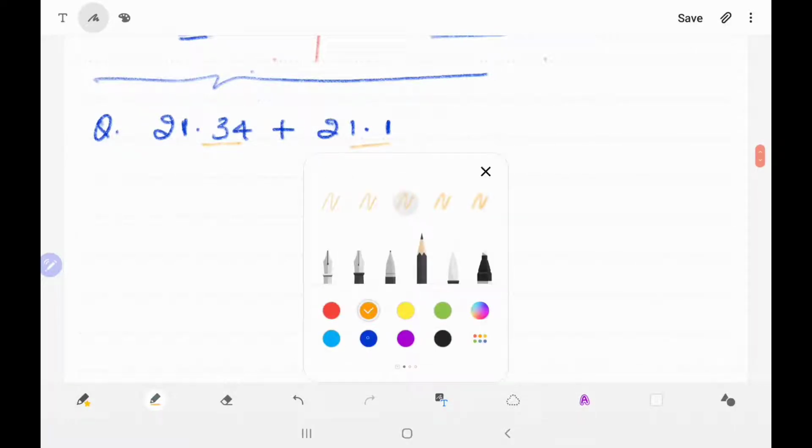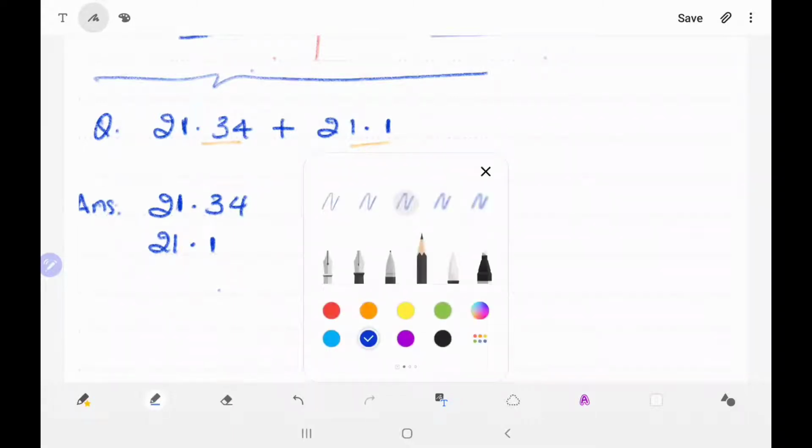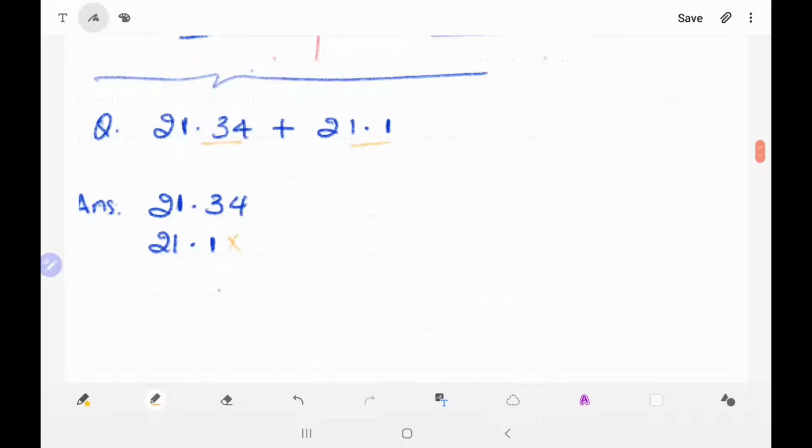When we do the column addition for this, it will work out this way. For the answer, we write 21.34, and for this side we write 21, which is no problem, that's the whole number, dot 1. There's only one digit after the dot, so here we leave a space blank.